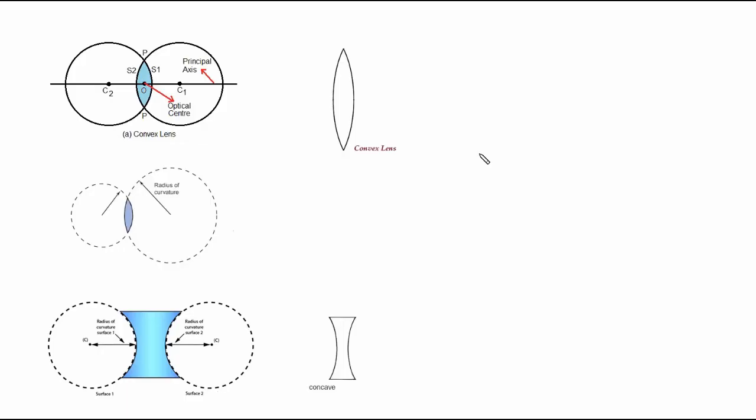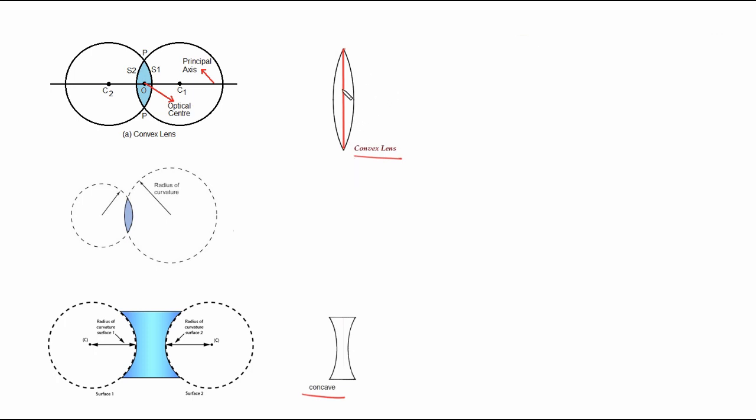Now, before we start deriving the lens maker's formula, we need to know a few basic things related to convex lens and concave lens. Okay, as you can see, this convex lens is actually a combination of two spherical surfaces.